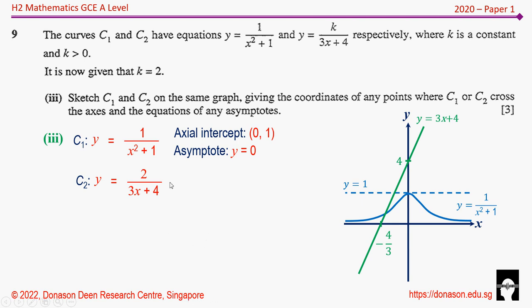Now we need to draw the reciprocal graph of this. So of course wherever it cuts the x-axis, that's going to become the vertical asymptote. So x equals negative 4/3 is going to become the vertical asymptote. The reason being, if 3x plus 4 equals 0, the function becomes undefined, right? So 2 over 0. That's why, when x equals negative 4/3, the function is not defined, so it's a vertical asymptote.